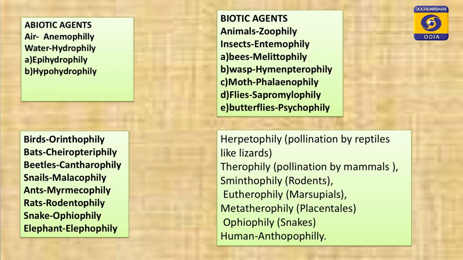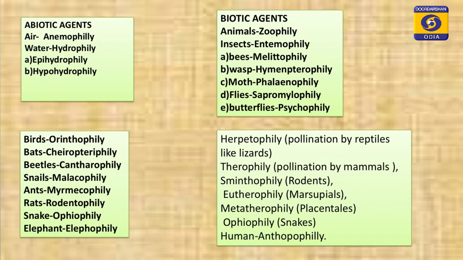When the pollination takes place by biotic agents, some living organisms, that is biotic pollination, several terms are assigned to that: animals, zoophily; insects, entomophily, and remember 70% of the crop plants are insect pollinated.